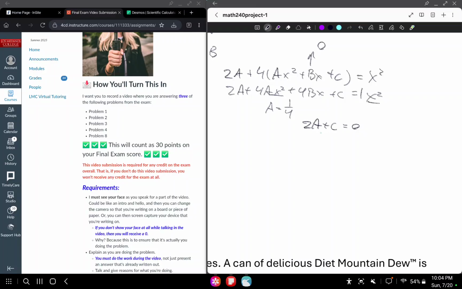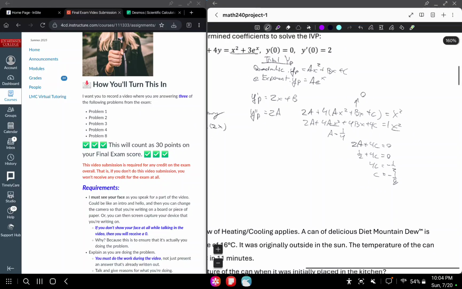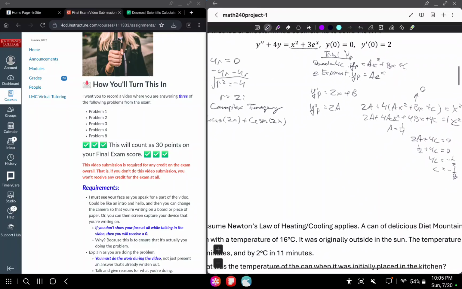We found a to be 1/4, so 2a is 1/2, and 1/2 plus 4c equals 0. 4c equals negative 1/2. C equals negative 1/8. That is the particular solution for the quadratic part.